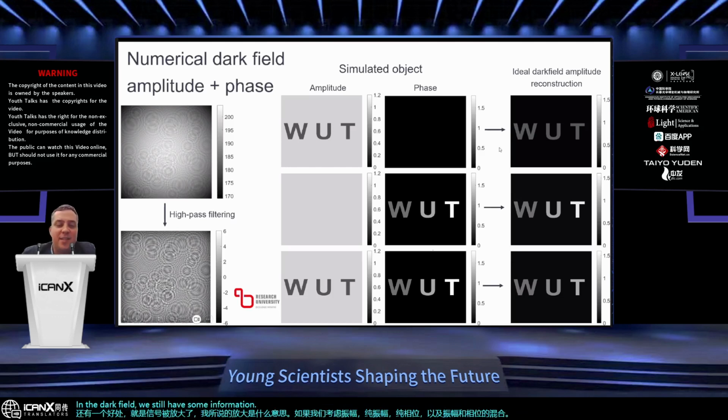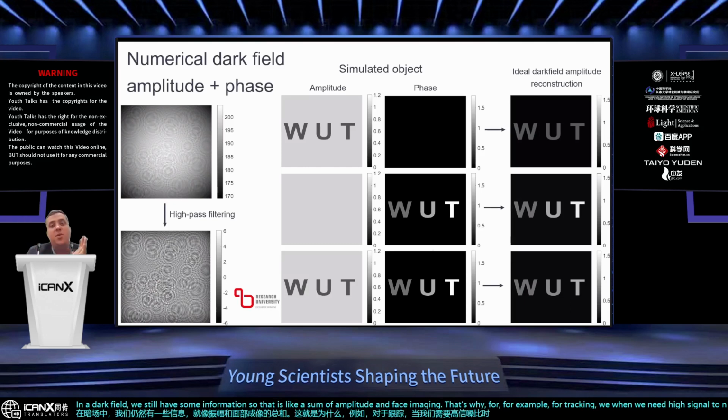So the dark field is like a sum of amplitude and phase imaging. That's why, for example, for tracking, when we need a high signal to noise ratio, it comes in handy, because we actually join forces between the amplitude and phase signals, and we augment the final results.